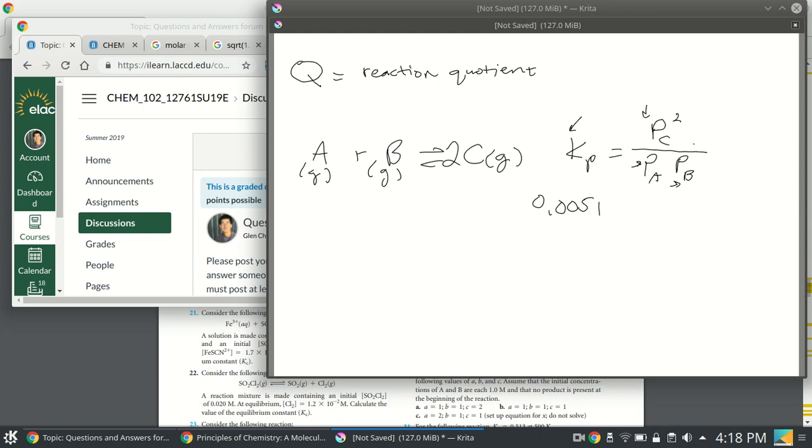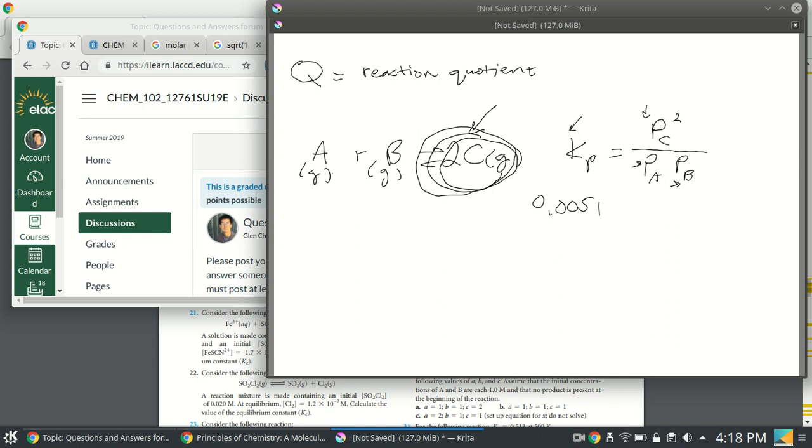So, what if we're not at equilibrium? What if you just added a whole bunch more of C, threw it into the container, and it's not at equilibrium? You know that, according to Le Chatelier's principle, this reaction will shift to make more what?